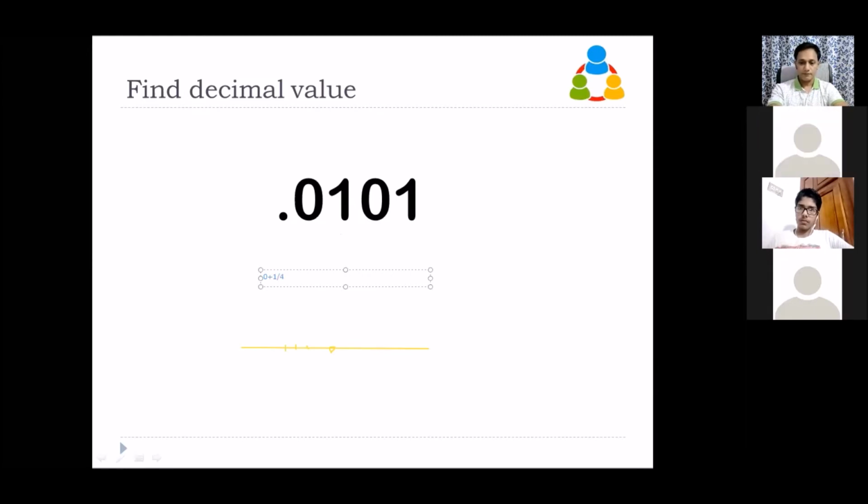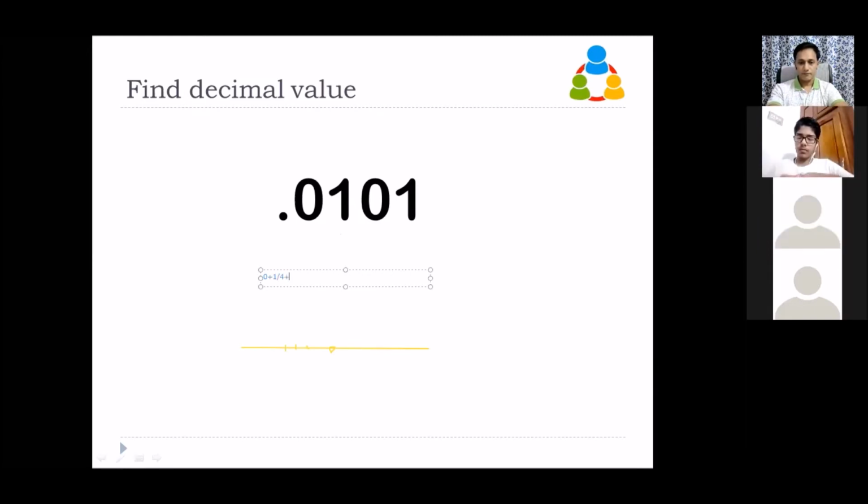And then the next number is 1 by 8, which is 0 multiplied, so you still get 0. That plus the last number, which is 1 by 16, and 1 by 16 into 1 is 1 by 16. You add all of them together and you get 1 by 4 plus 1 by 16. When you take LCM, it becomes 4 by 16 plus 1 by 16. Then when you add both of them, you get 5 by 16. This is what Adnan told.